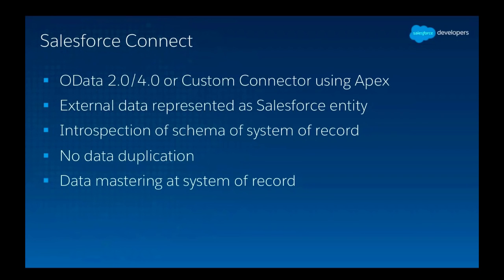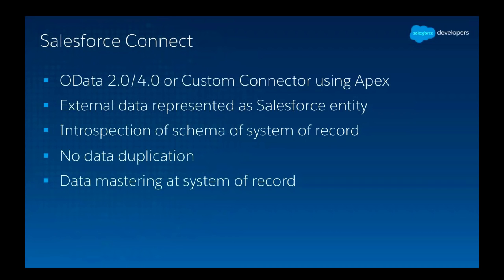We've now introduced something called Salesforce Connect, which is support for OData 2.0 or 4.0. And if you don't have an endpoint that supports either of those protocols, you can actually write a custom connector using Apex. And last thing, there's also Connect features that work for Salesforce org to Salesforce org. There are features with this that also are kind of related to that, like Files Connect and Heroku Connect.